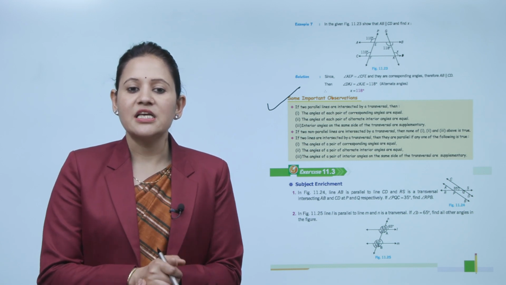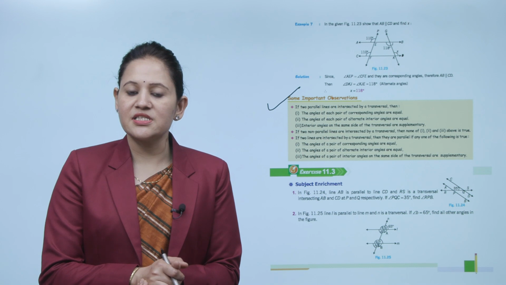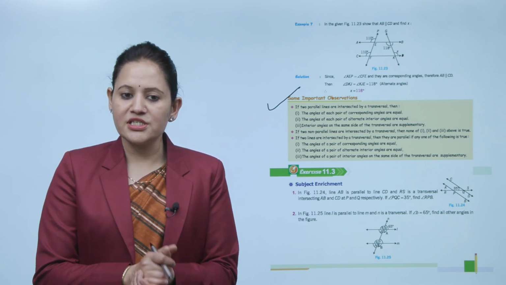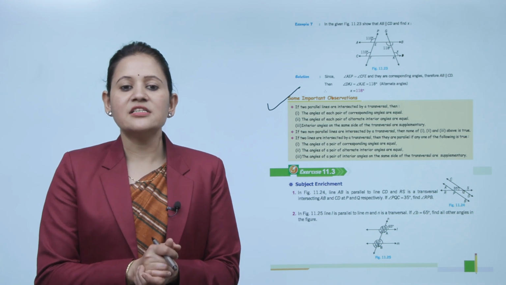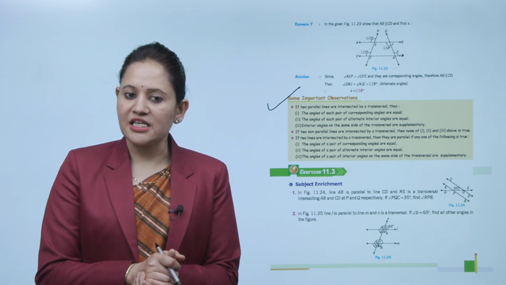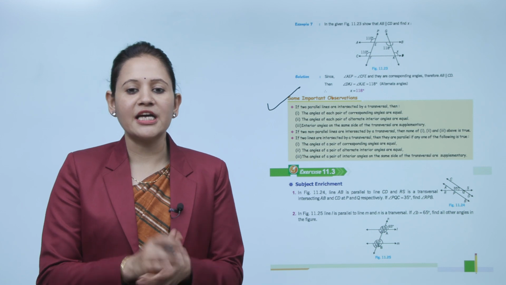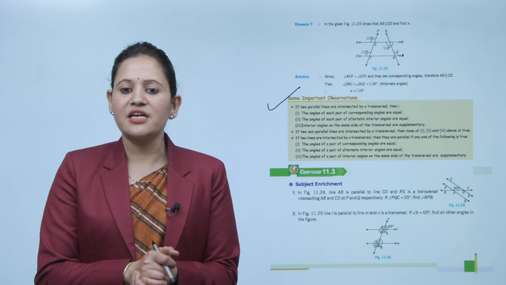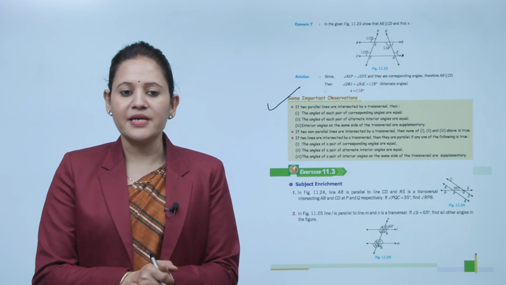If two lines are intersected by a transversal, then they are parallel if any one of the following is true: the pair of corresponding angles are equal, the pair of alternate angles are equal, or the pair of interior angles on the same side of the transversal are supplementary.